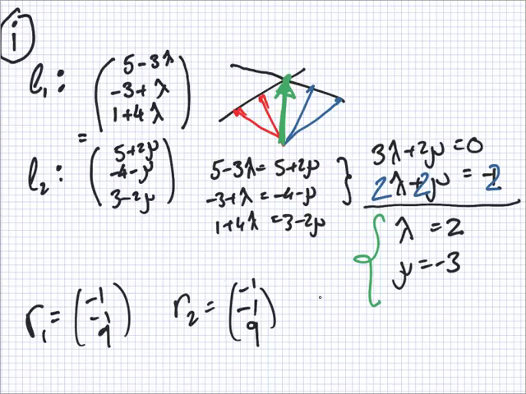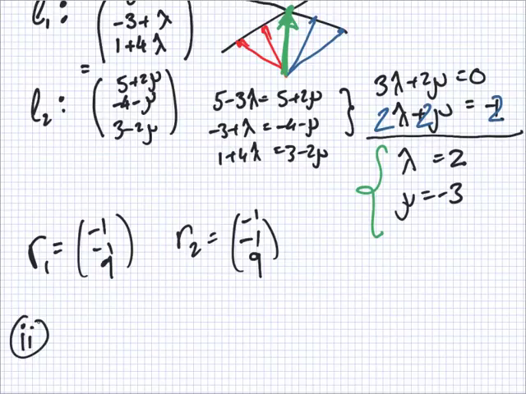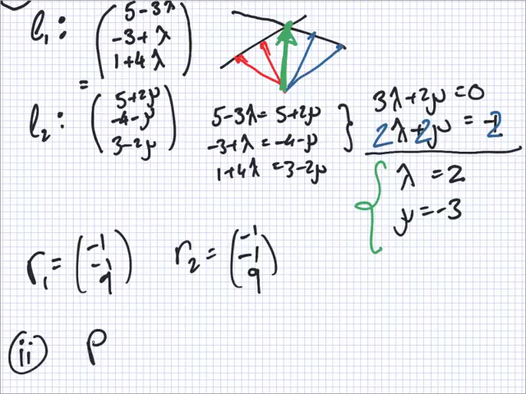Okay, part 2. Confirm that P, minus 4, 0, 13, is on the line.